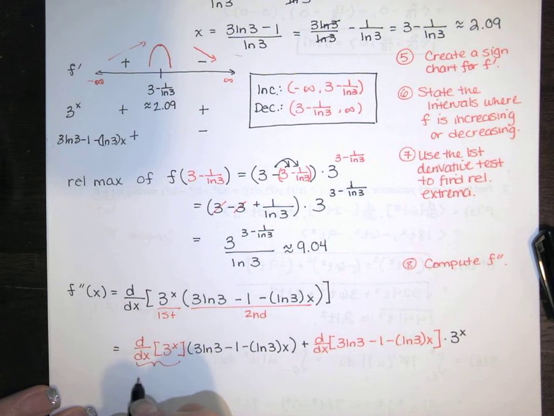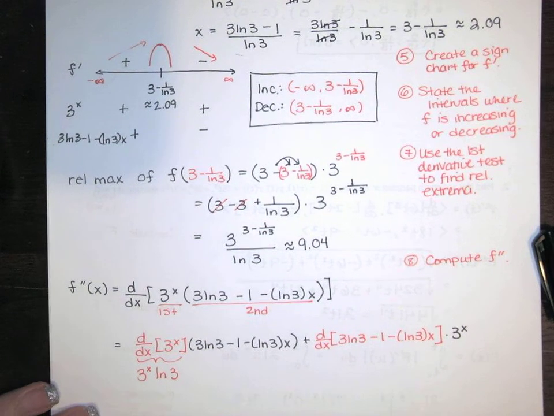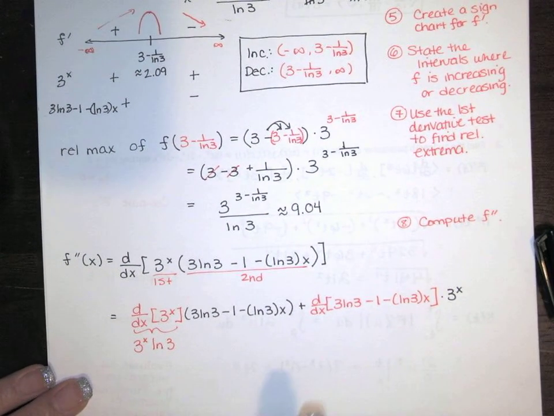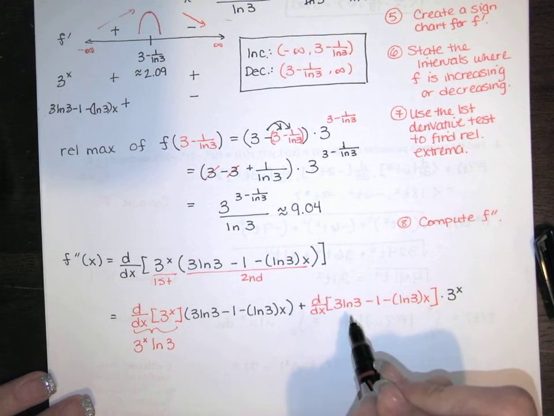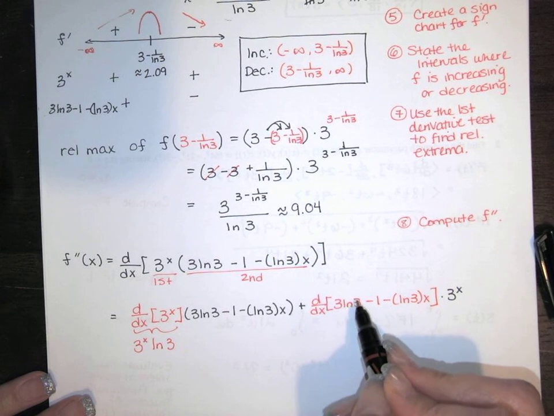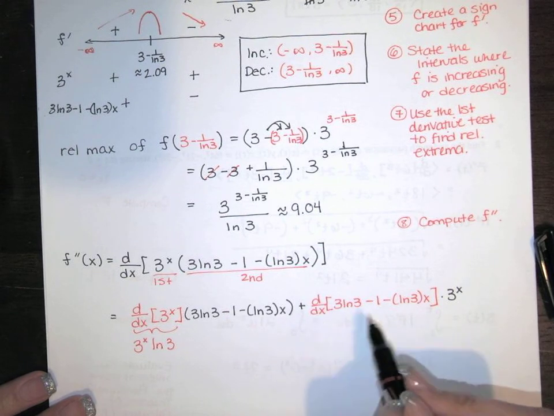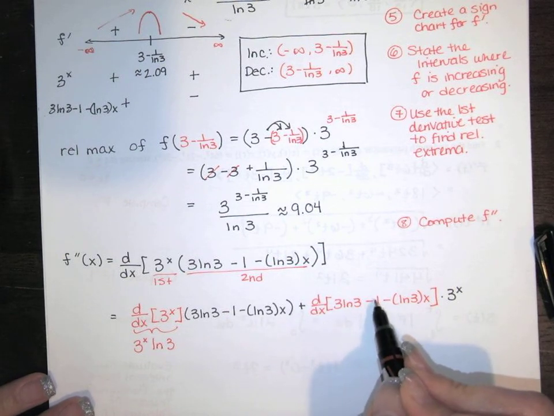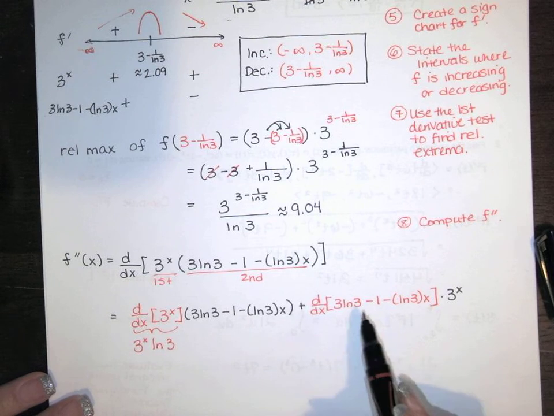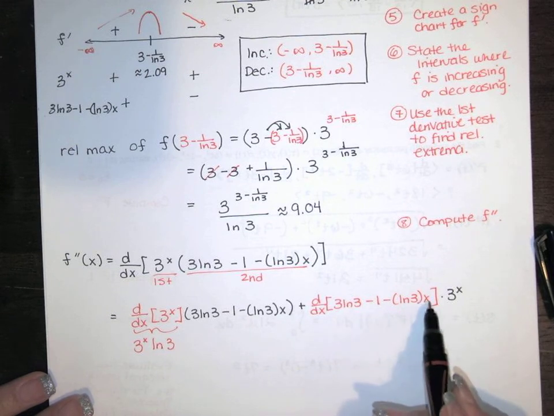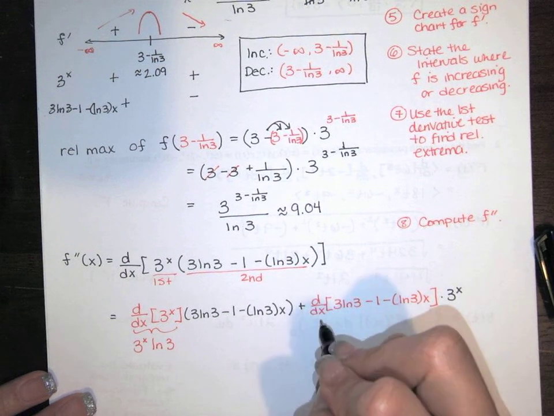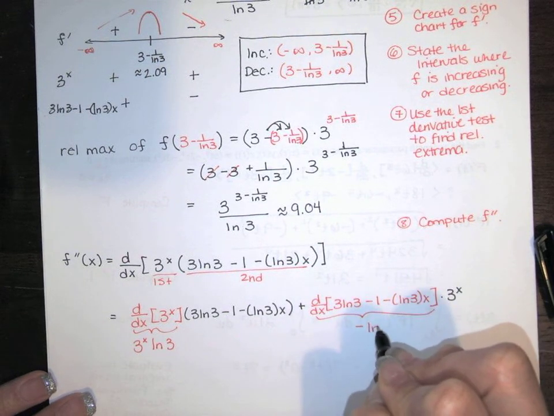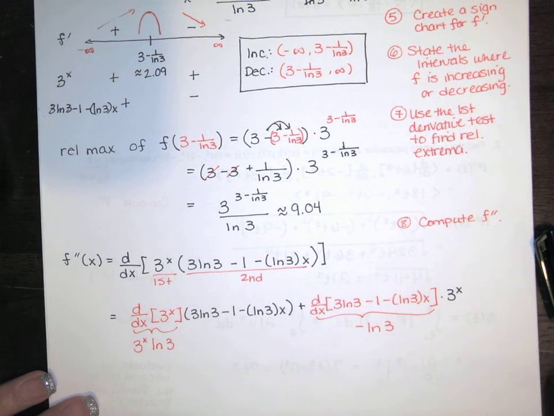Derivative of a to the x is a to the x, so exactly the same exponential, times natural log of the base. So you have natural log of 3 there. And then over here, that is a constant. The derivative of a constant with respect to x is 0. That's also a constant, so the derivative of that is 0. This is a constant times x. The derivative of a constant times x is the constant that's multiplying x. So this whole thing is negative natural log of 3.